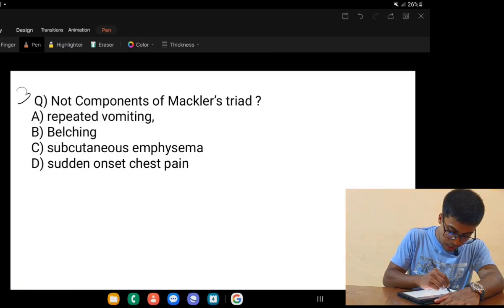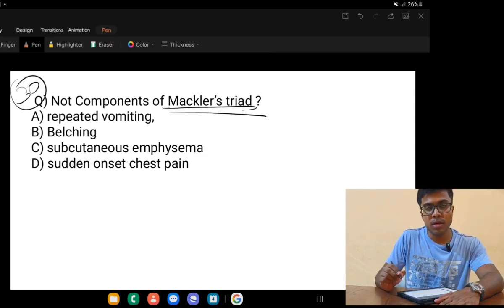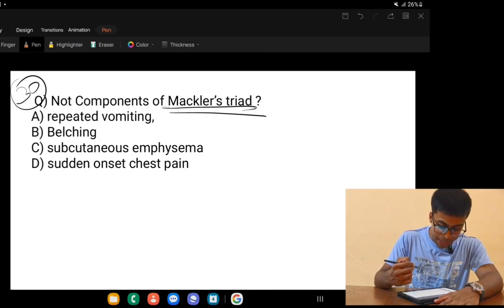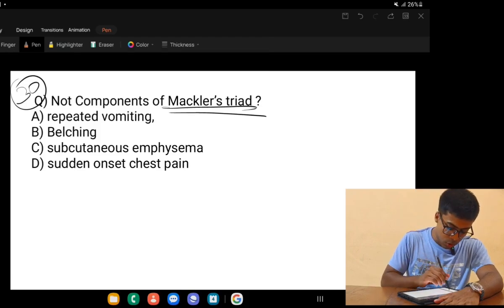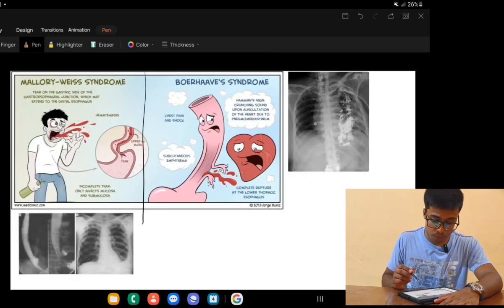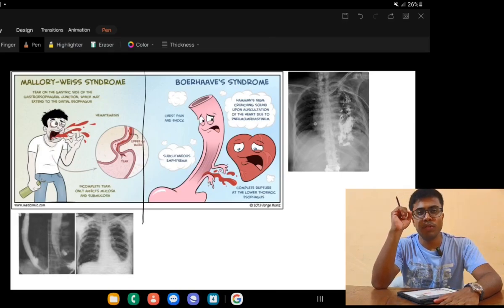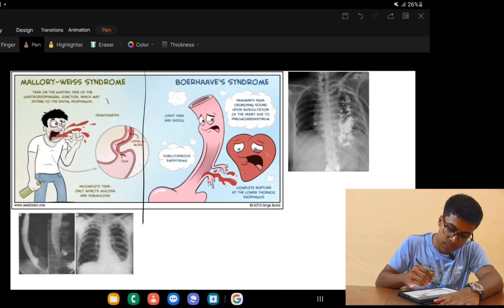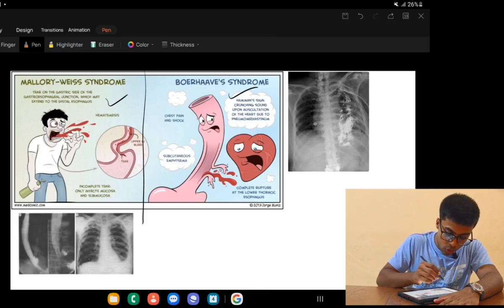Then number 30: which is not a component of Mackler's triad? This is an important question again. Before knowing Mackler's triad, you should know these two conditions, Mallory-Weiss and Boerhaave syndrome.